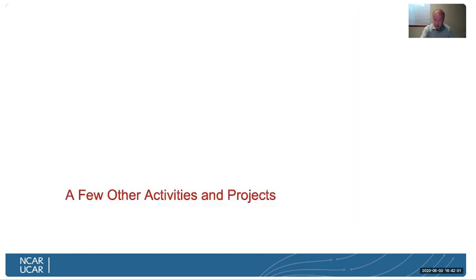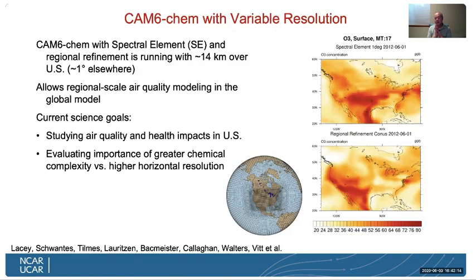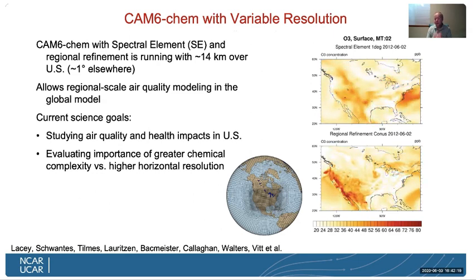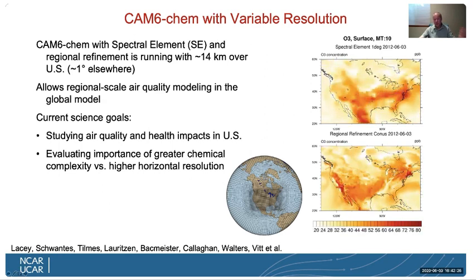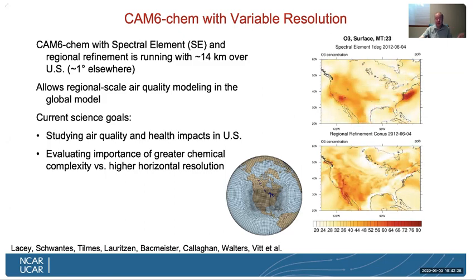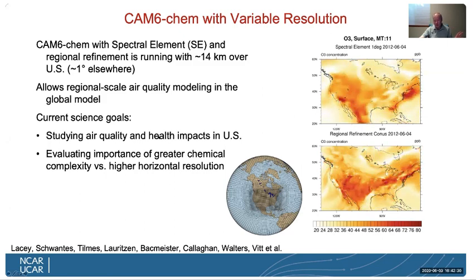Okay, I would now like to spend a few minutes on a few other activities and projects going on with CESM, just to give you a flavor of what we are doing. This version of CESM also has variable resolution capabilities. The previous versions of the model that I showed results from use the finite volume dynamical core in the atmosphere, but we also have the spectral element dynamical core.